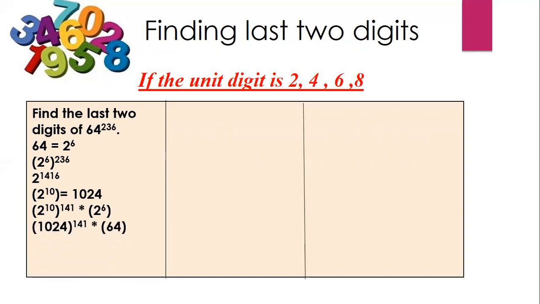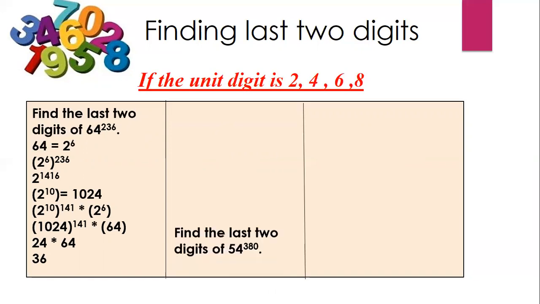Now 2 power 10 is 1024, so 1024 to the whole power 141 into 64. Here we see 24 as our last two digits, so we can apply the rule: 24 power an odd number will always give 24. So 24 into 64. There is no other way; we multiply 24 into 64, taking the last two digits alone. So it will be 36.